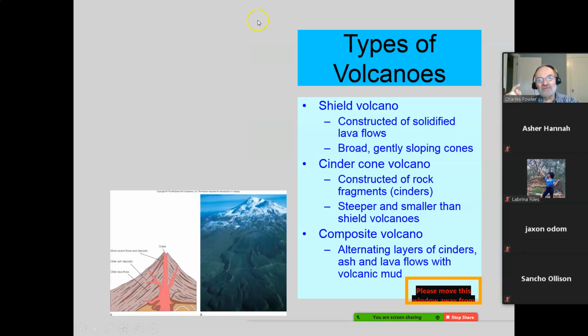Okay, here is the composite volcano. It has alternating layers of cinders, like your cinder cone volcano, but then also ash and lava flow with volcanic mud.